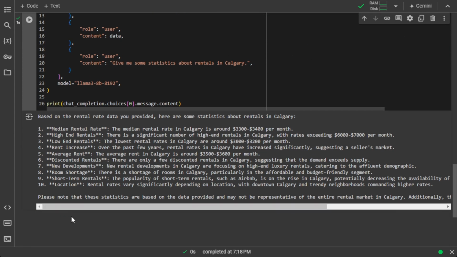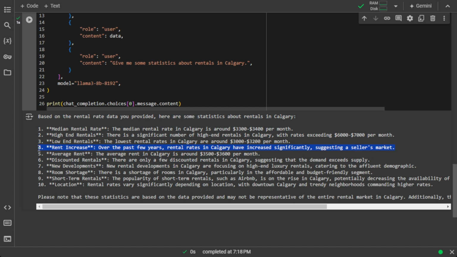Ooh, way more concise. Okay, based on the real estate data we provided, here are some stats. Median high-end rentals. Okay, so it's sticking to the facts, not talking about where or when. Lowest ones, yeah, because we're in that tail 500 of the data frame. Rent increase. Over the past few years, rental rates have increased significantly. Now, this may not be a hallucination.